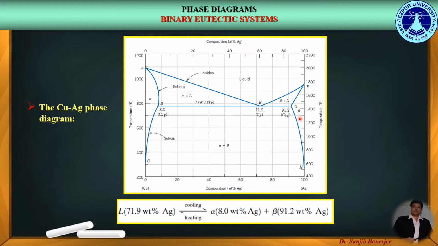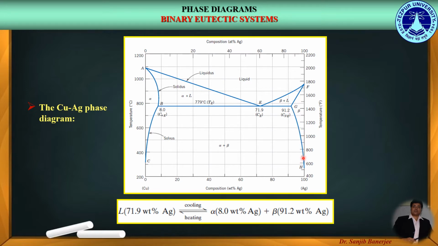For both these cases of alpha and beta, we can observe that there is a limit of solid solubility. In this case, it is 8% of silver in copper, and this solid solubility decreases with the decrease of temperature along the solvus line. This phenomenon is also present on the right hand side in the case of the beta phase.